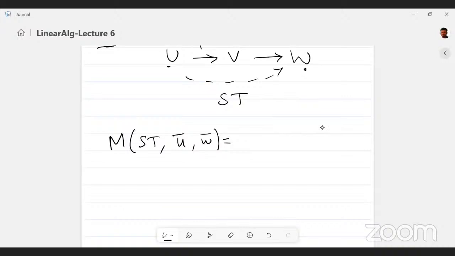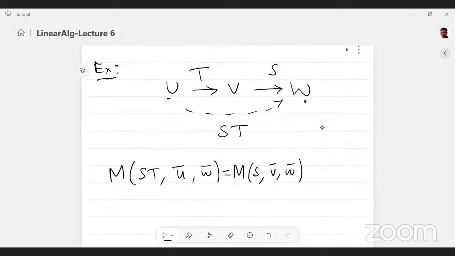So can anyone guess what it will be? Matrix of S times matrix of T. Yeah, with respect to the respective bases. Okay. So that means, so what is the matrix of S? Matrix of S with respect to V bar and W bar.